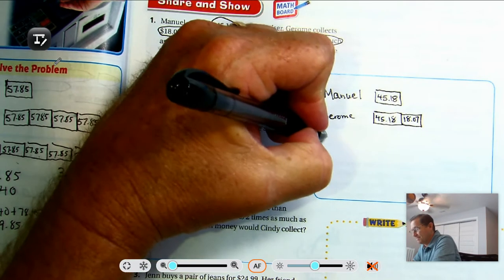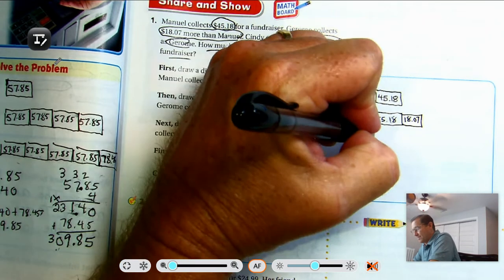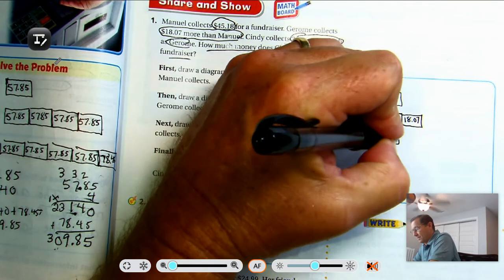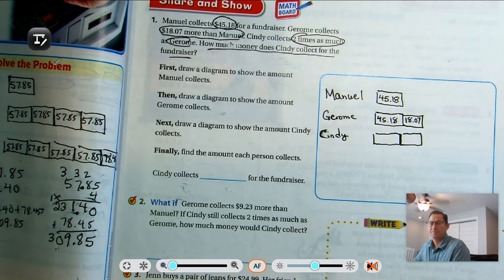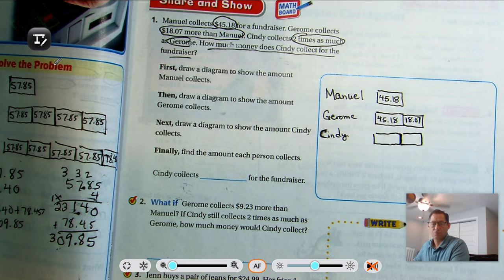And Cindy collected that same amount but doubled.